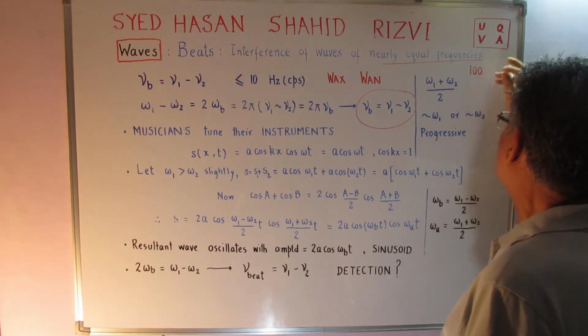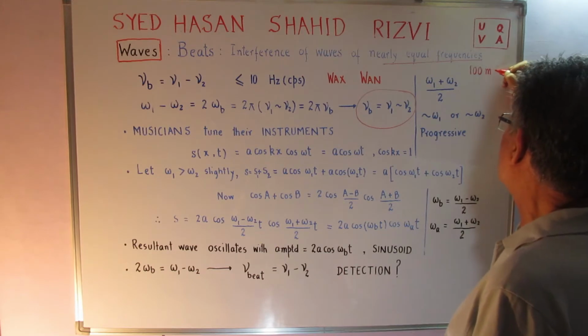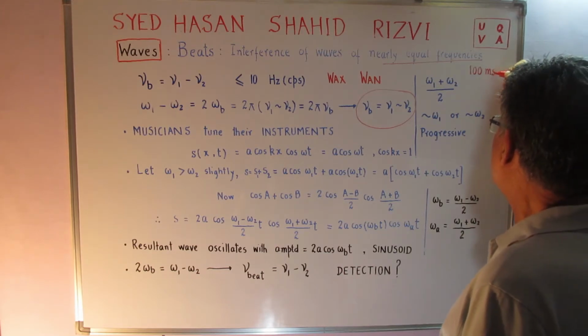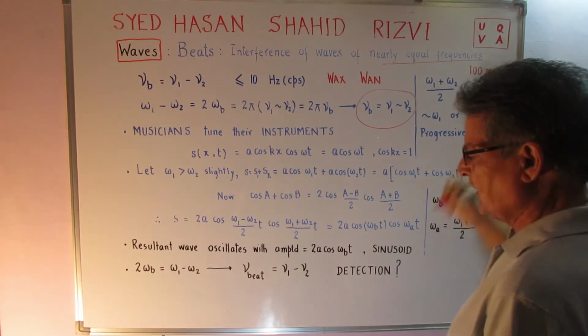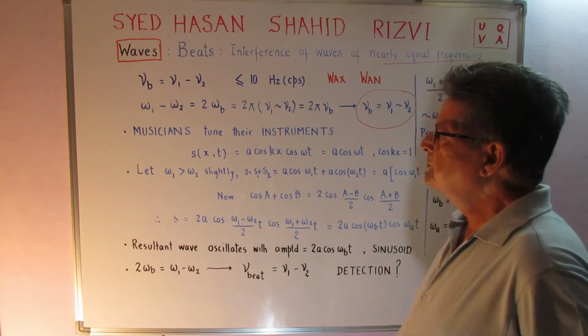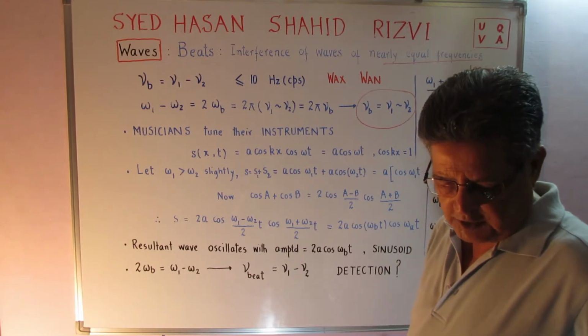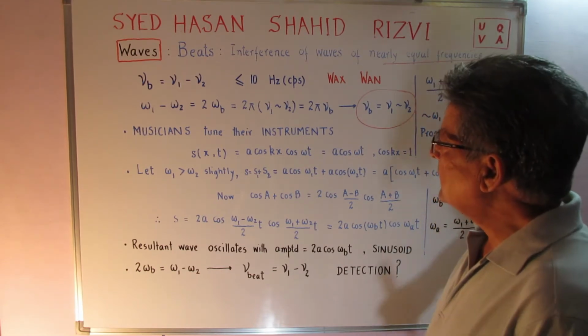Sorry, not microseconds but milliseconds. So in 1 second, how many different syllables can we speak? That is 10.